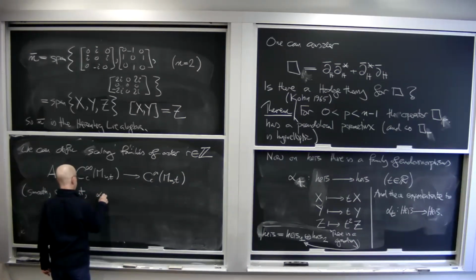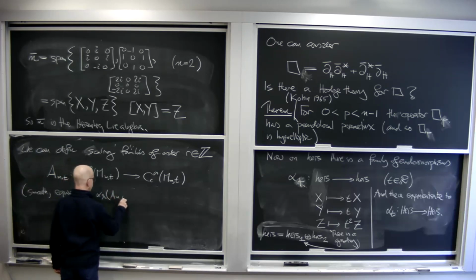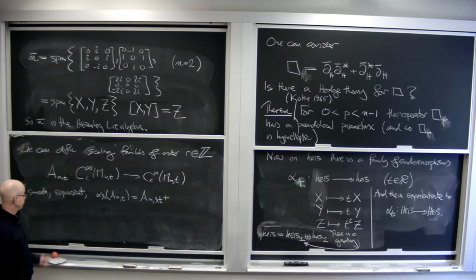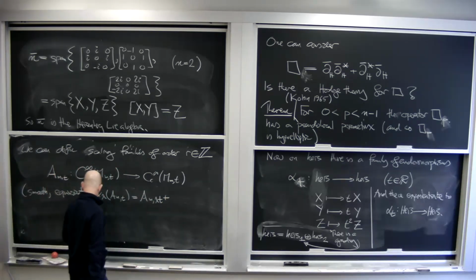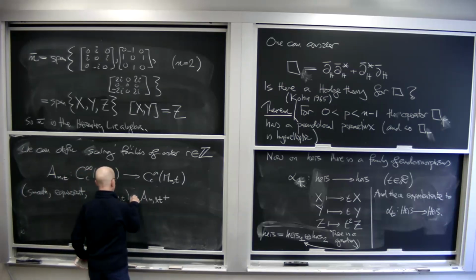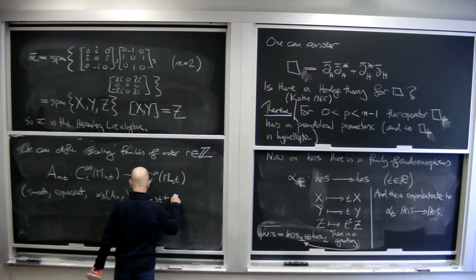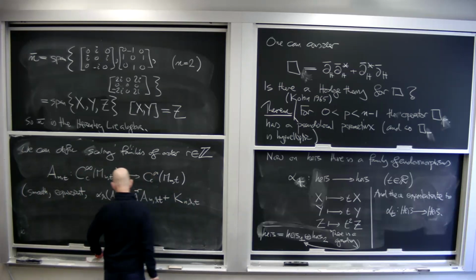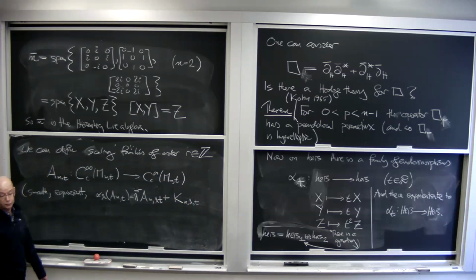And the crucial thing is that when you transform these operators from one fiber to another using the zoom action, what you get is almost what you started with, plus the smoothing operator, which depends on m and lambda and t, exactly as before.